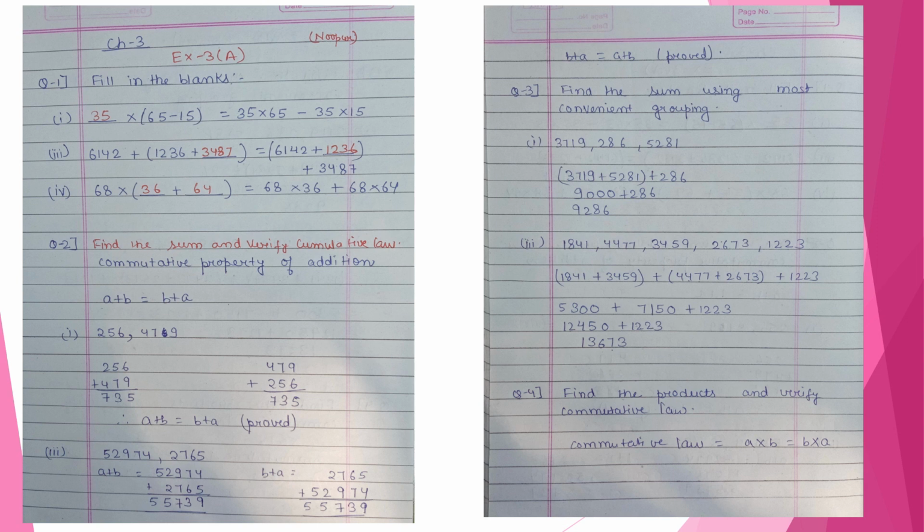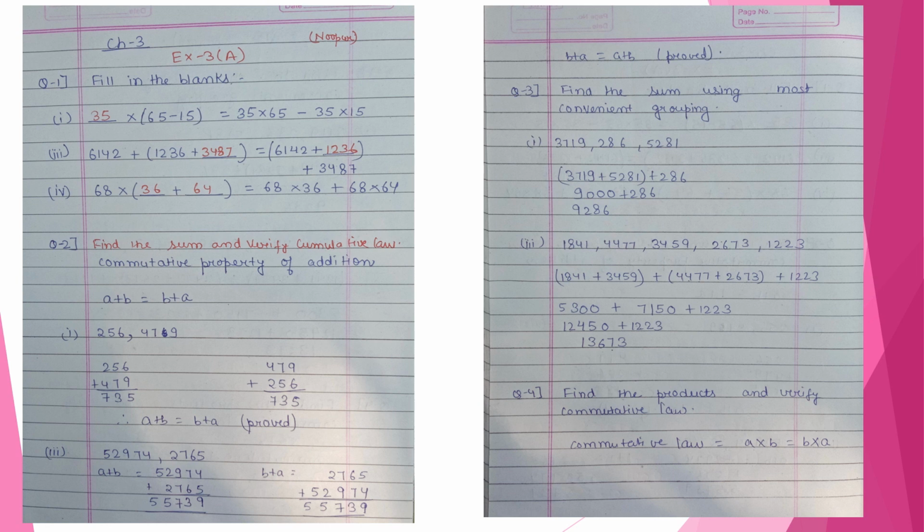On the RHS part, we're going to do 2765 in the first place is added to 52,974 in the second place, but we are getting the same result, 55,739. So again here commutative law of addition is proved, that is A plus B is equal to B plus A.